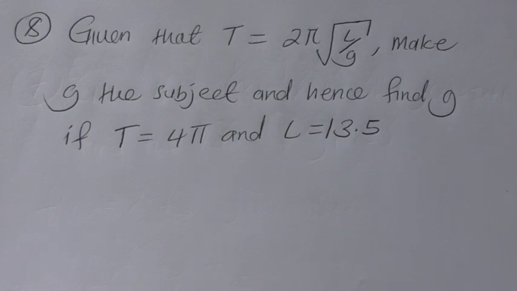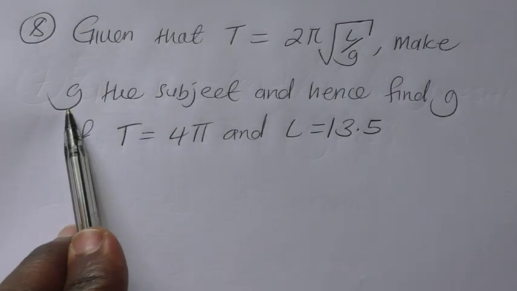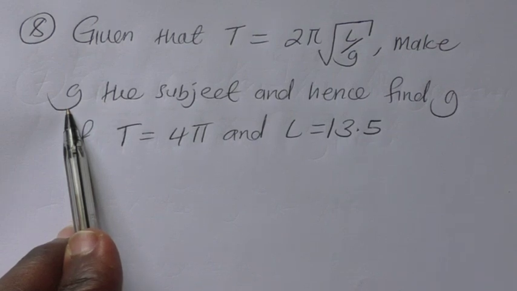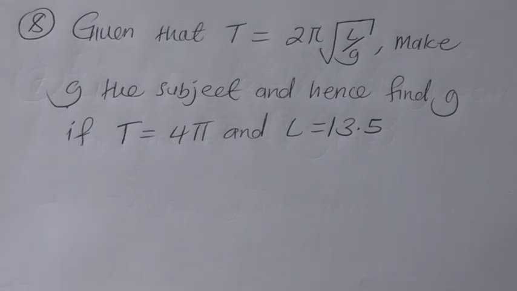During the process of changing the subject of the formula, the new subject, in this case g, must be arranged on one side alone, or must appear alone on one side of the equation and the others on the other side. That's how we make it the subject. However, there are procedures that we go through, as we shall see.